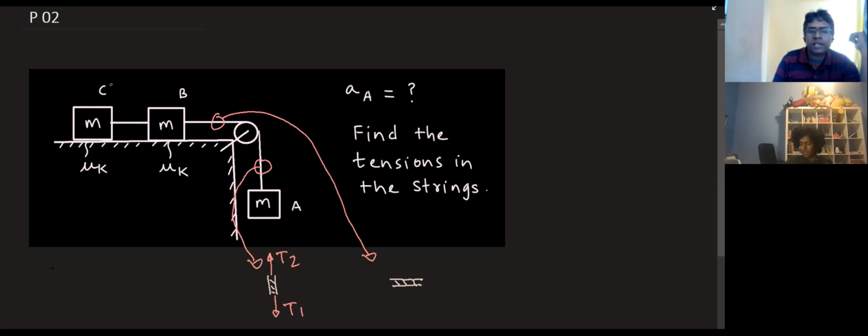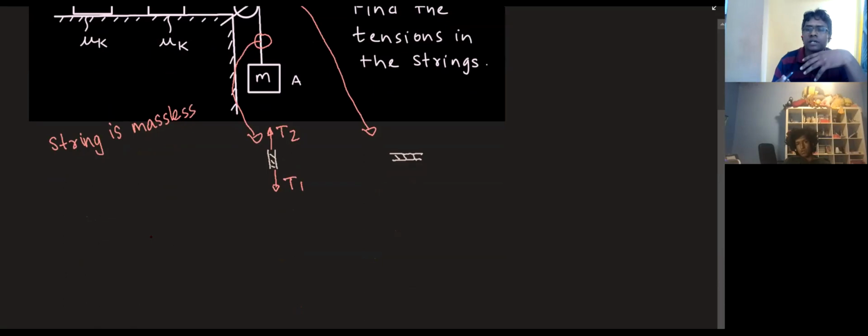The entire string is massless, so if I take any portion of the string, the force in the upward direction is equal to the downward direction. So T1 is equal to T2, right? And for the horizontal string, I can argue in a similar way: a force to the left, call it T3, and a force to the right, T4. These are equal.